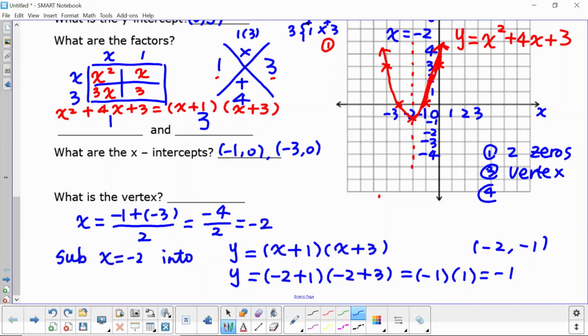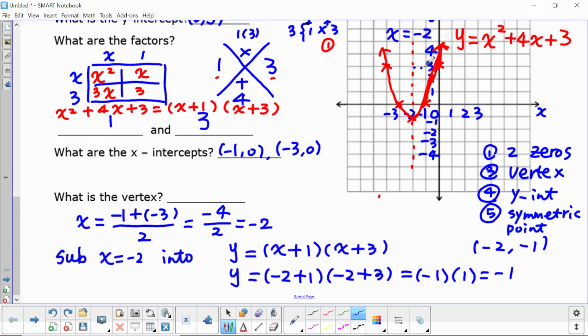Then the fourth point is the y-intercept. And the fifth point is the symmetric point of the y-intercept.